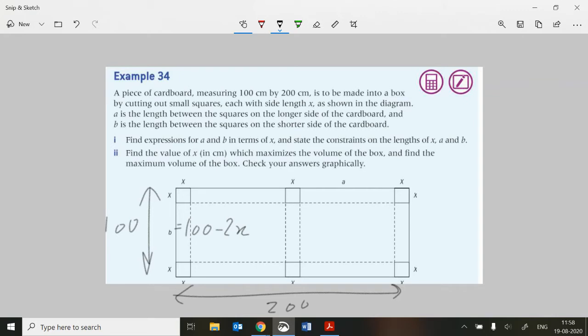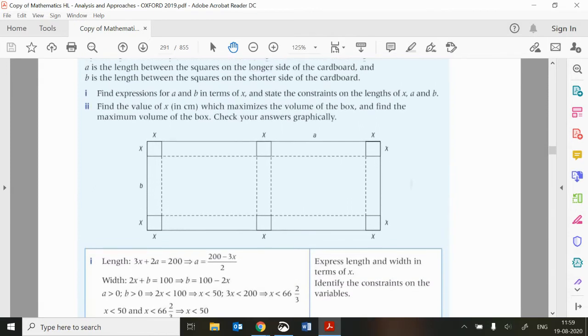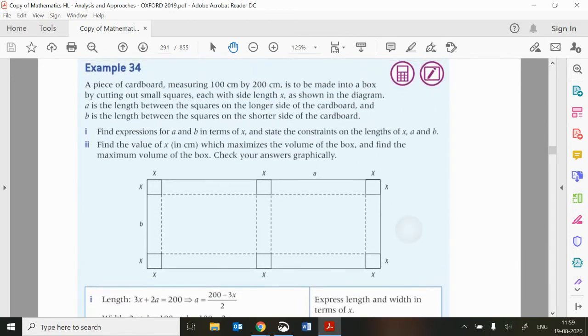So a, this length here, is going to be equal to our 200 minus 3x. Let me just check that they've got that here as well. So yeah, they're saying a is equal to 200 minus 3x.